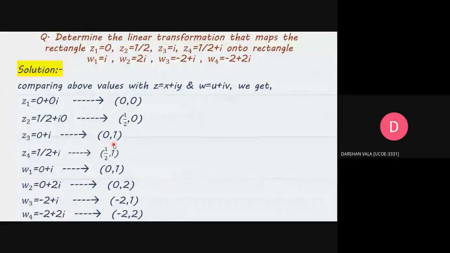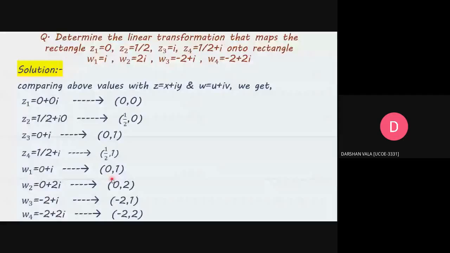Similarly, we compare W1, W2, W3, and W4 with w is equal to u plus iv. So we get W1 is equal to 0 comma 1, W2 is equal to 0 comma 2, W3 is equal to minus 2 comma 1, and W4 is equal to minus 2 comma 2. Next slide.